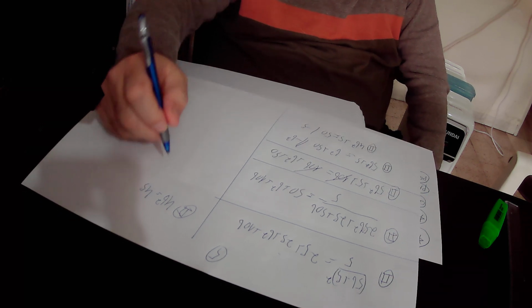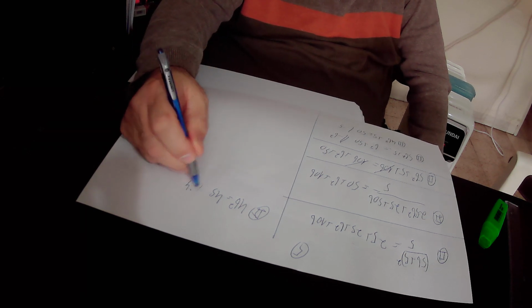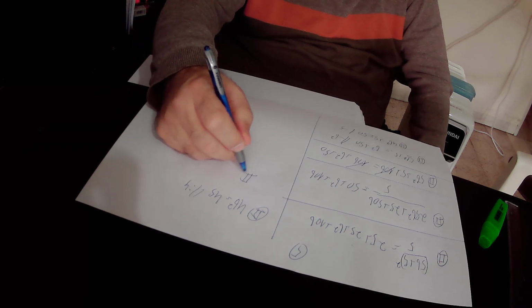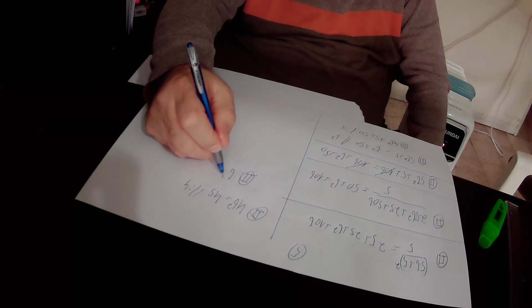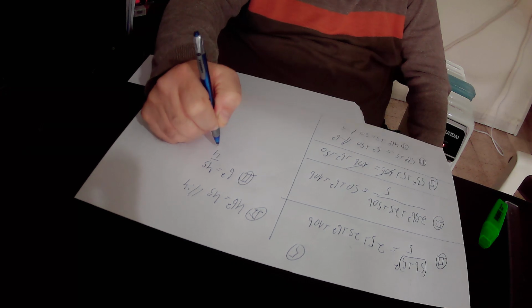So 4b squared equals 45. Here we divide the equation by 4, and we get b squared equals 45 over 4.